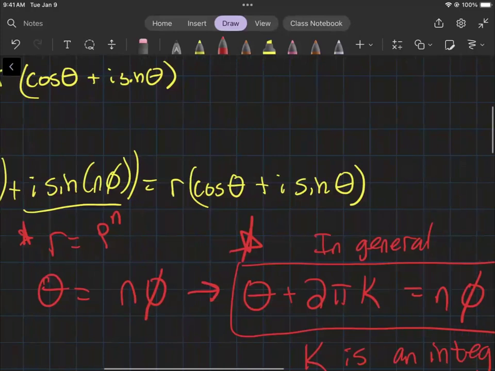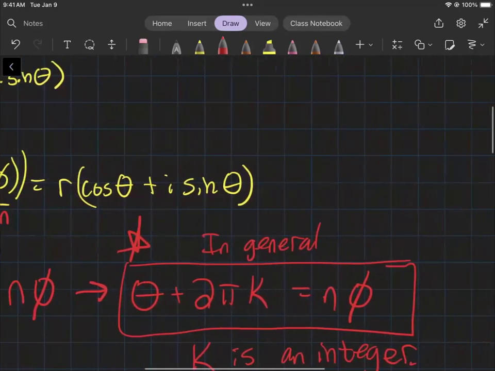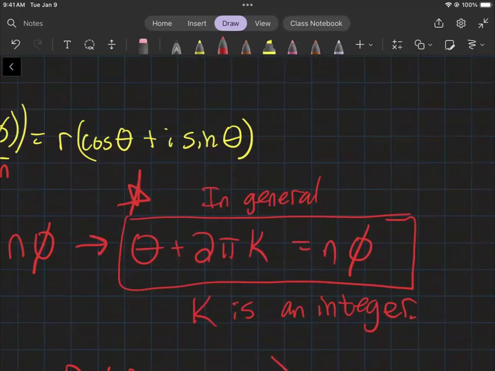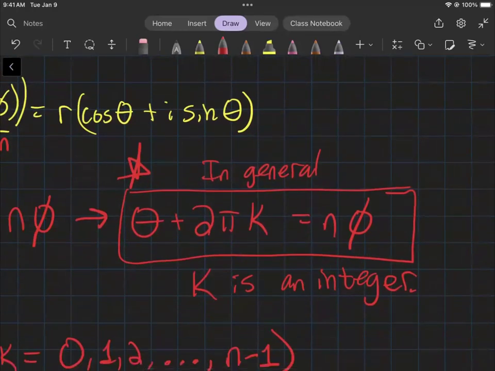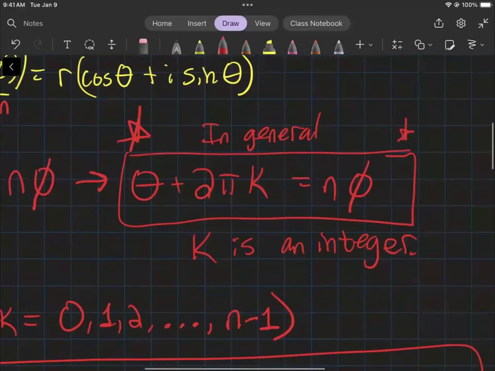But the problem is that if we add 2 pi to theta, we get the same result. So in general, for any integer k, theta plus 2 pi k is equal to n times phi, and we use this relationship to solve for phi.